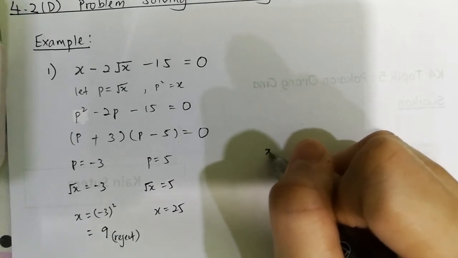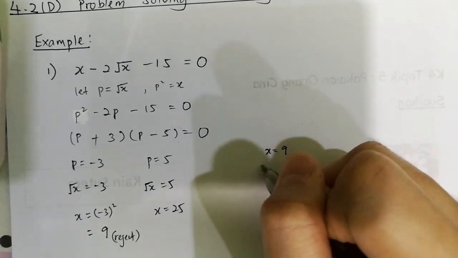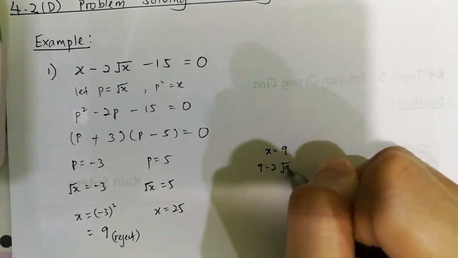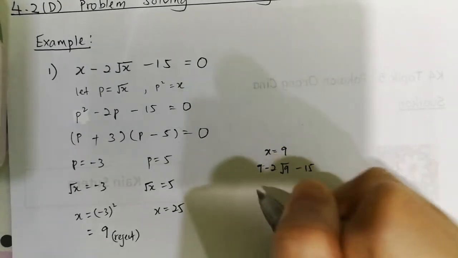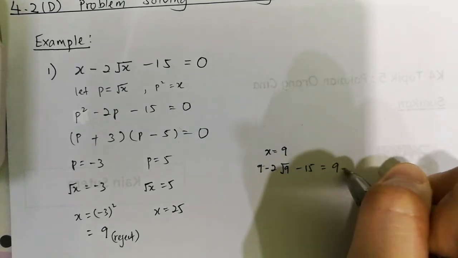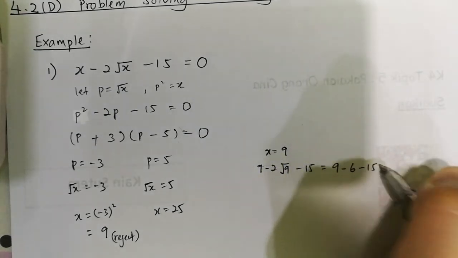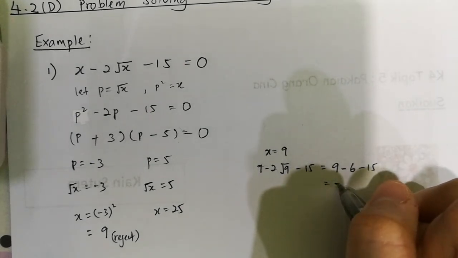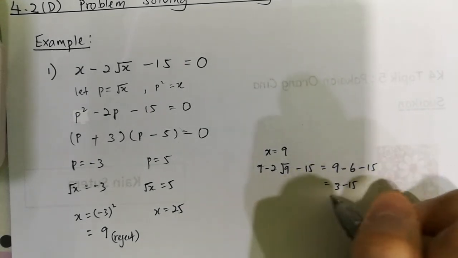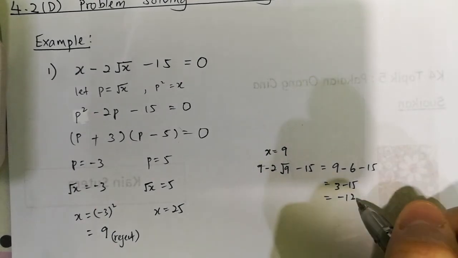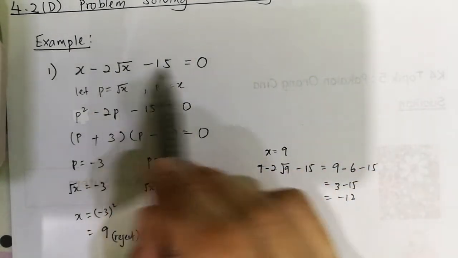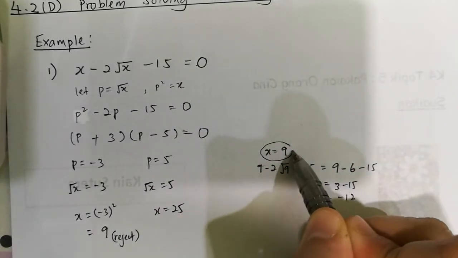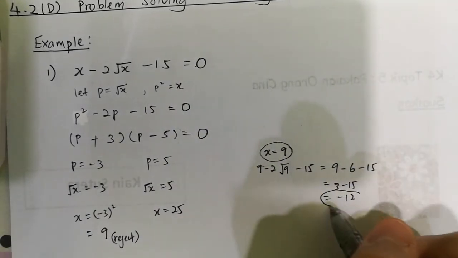If x equals to 9, you substitute again: 9 minus 2 root 9 minus 15 equals to 9 minus 6 minus 15. So you will get -3 minus 15 equals to -12. But here it should be equal to 0. So that means when x equals to 9, the answer is not 0.